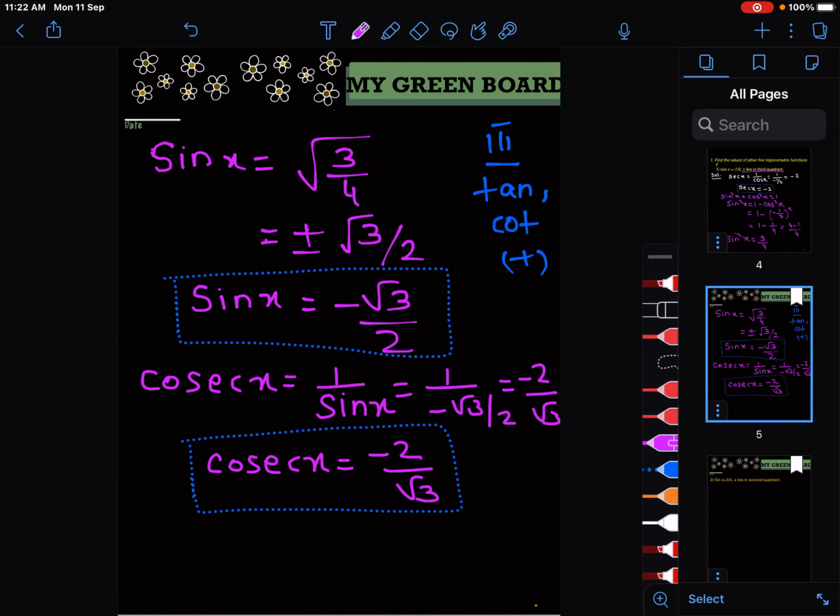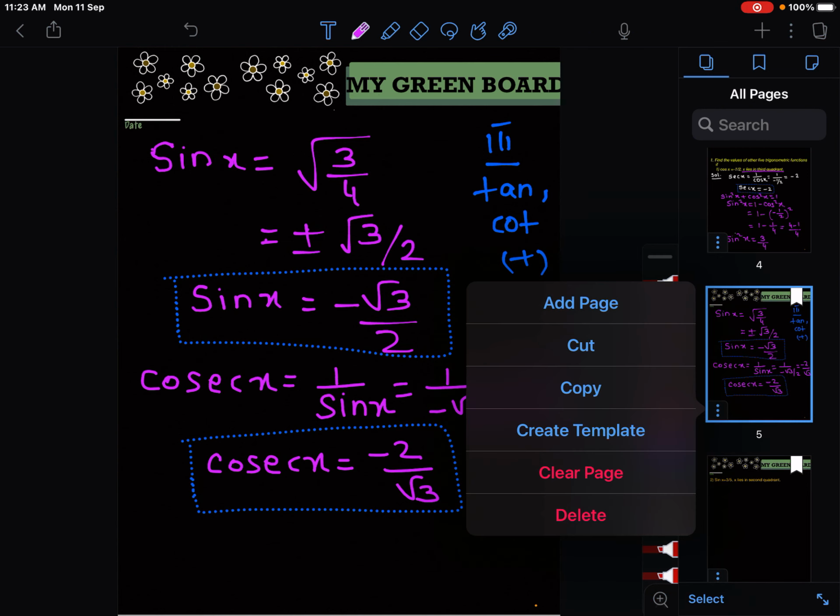Now next we need to find tan x. What are the things we have found?